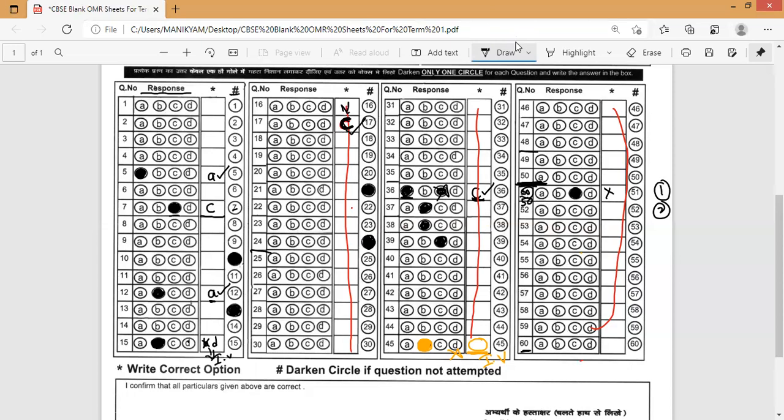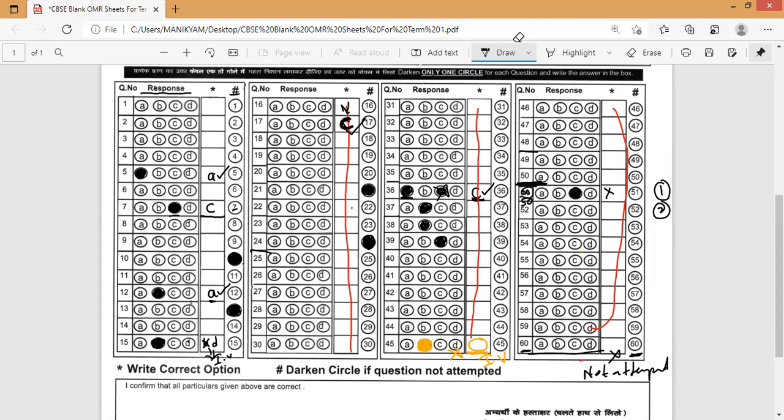So these are the two points you have to remember. Now the last point: for example, the 60th question. I don't know the answer, and I left the response under the star column and the ash column blank. Then it is considered a not attempted question.